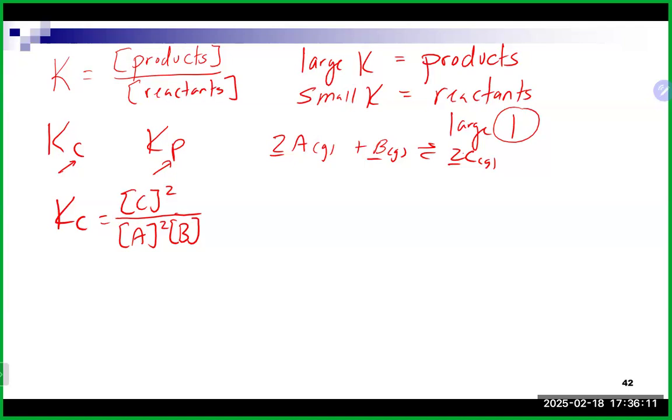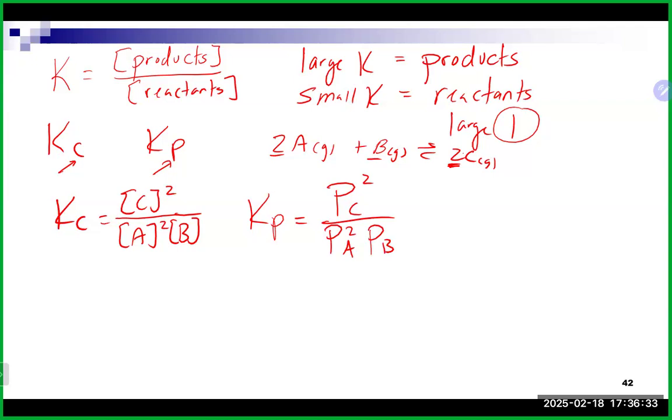If we have something like this where they're all gases, we can then look at pressures as well. And here we could have a Kp, which is the partial pressure of C squared, still need to square it because of the coefficient, divided by the partial pressure of A squared times the partial pressure of B. So you could write a Kc or Kp value.